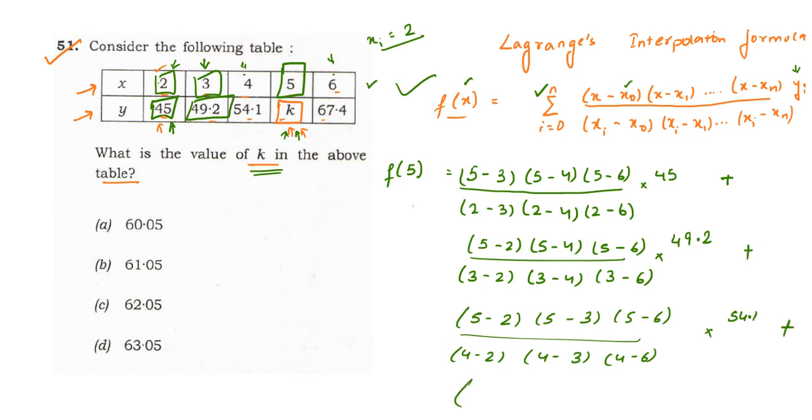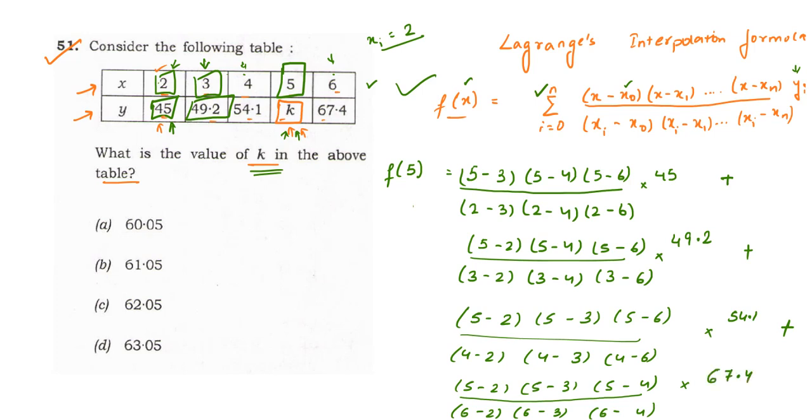Here we will take xi to be 6, so we will skip the 6 value and we will have 5 minus 2, 5 minus 3 and 5 minus 4. Since xi is 6, we will subtract all the values from 6: 6 minus 2, 6 minus 3 and 6 minus 4, and the corresponding value is 67.4.